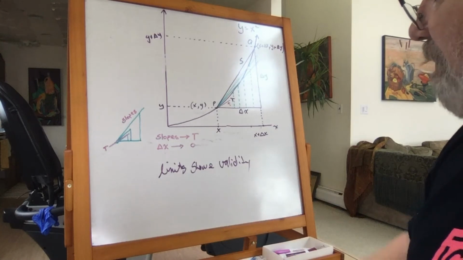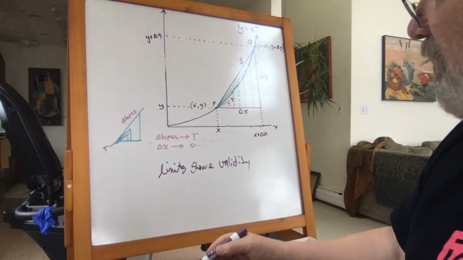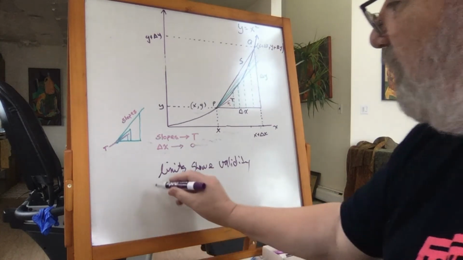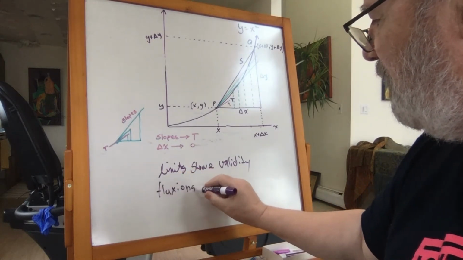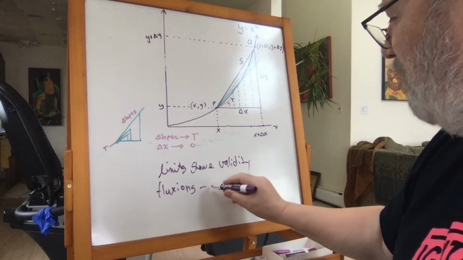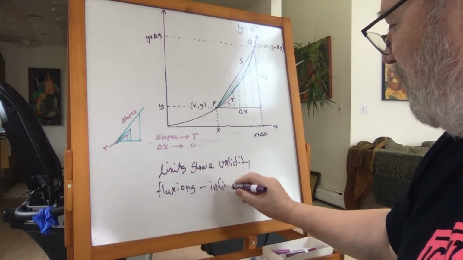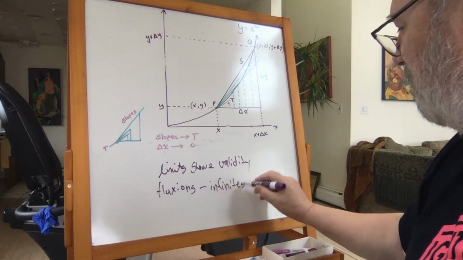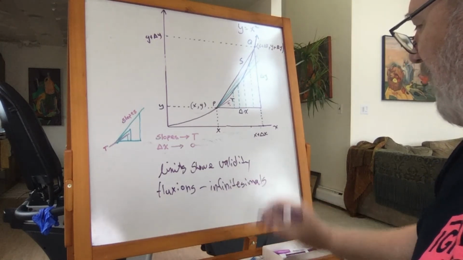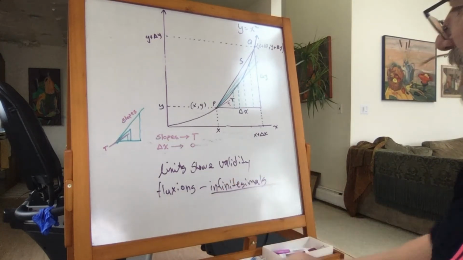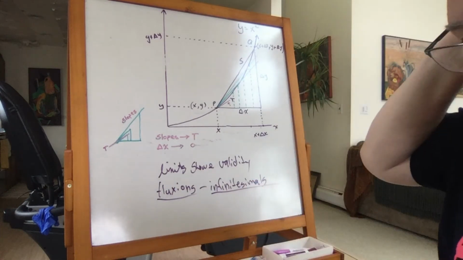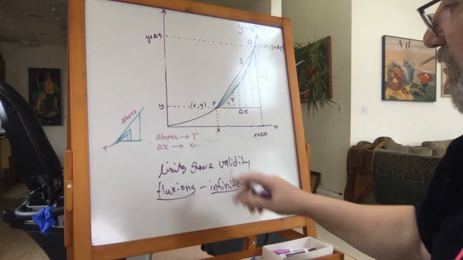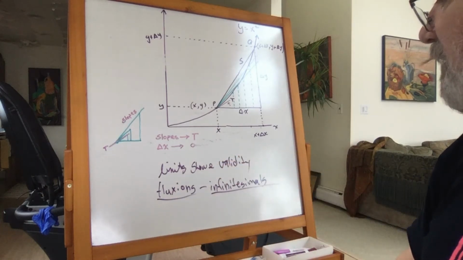But the idea that Newton used was he called fluxions, or infinitesimals. And there was a lot of criticism about these fluxions, these ideas that Newton used to derive the concepts of calculus.